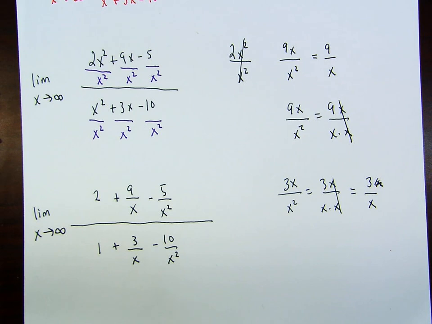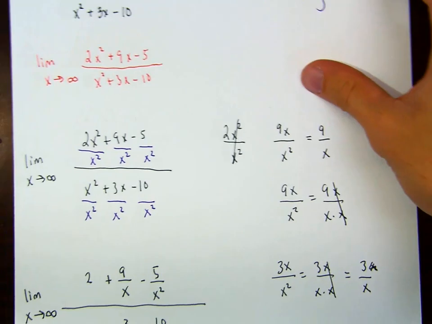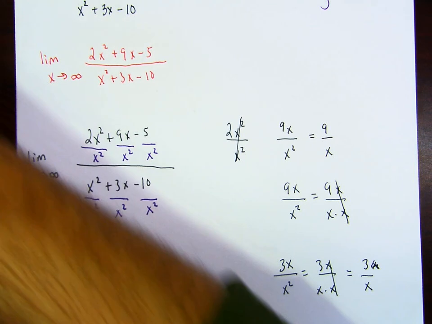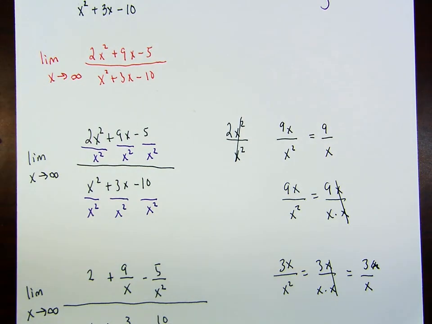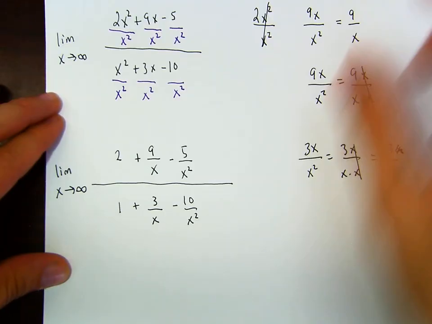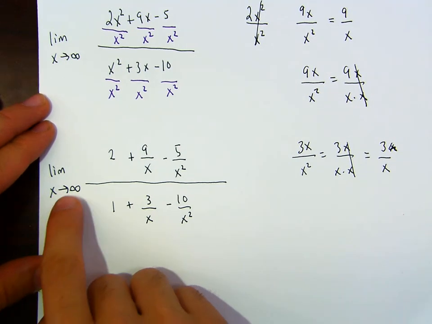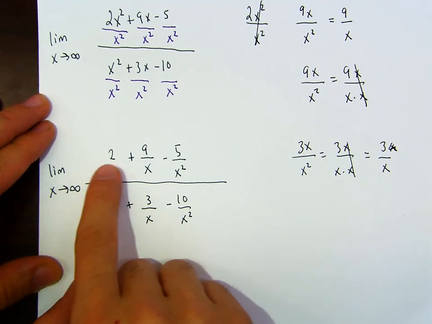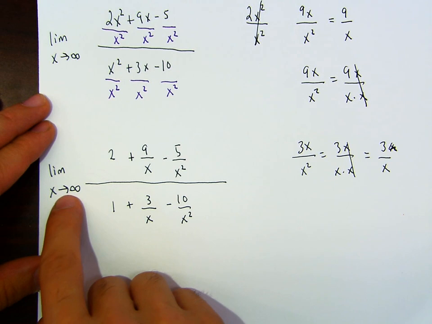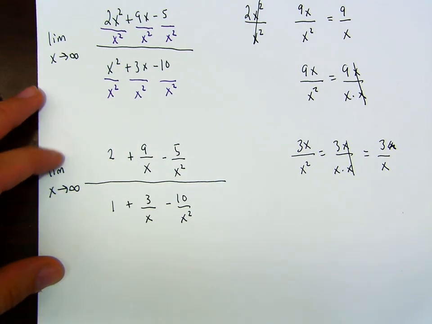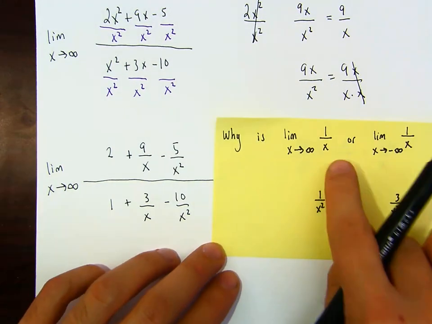But the next thing I think you remember seeing is, where did I put this? Ah, yeah, it's over here. Now, let's take a look at this. Here, you want to take the limit as x approaches infinity. But what happens if you take something like 9 over x or 1 over x?